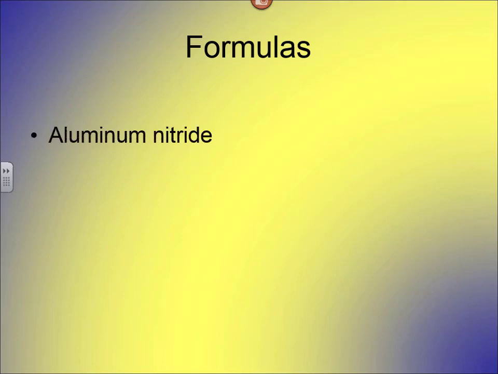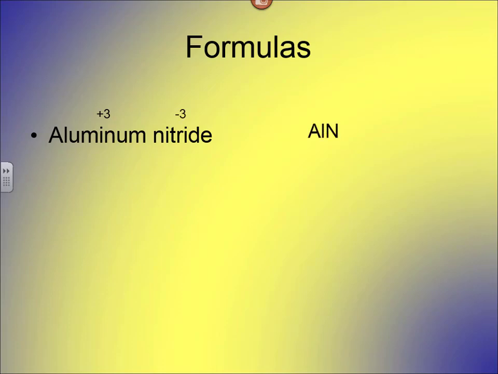Let's try another one. Aluminum nitride. Aluminum's charge is +3. Nitrogen is -3.